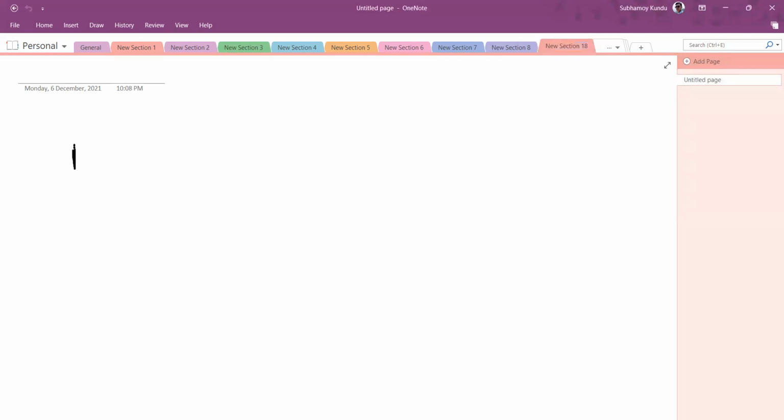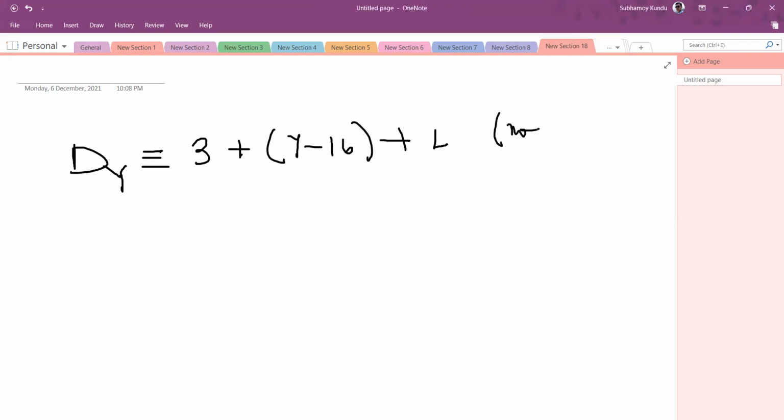So now dy is nothing but, now D1600 is 3. We know that. So 3 plus y minus 1600 plus the number of leap years. And we have calculated that for 1600 in this way.